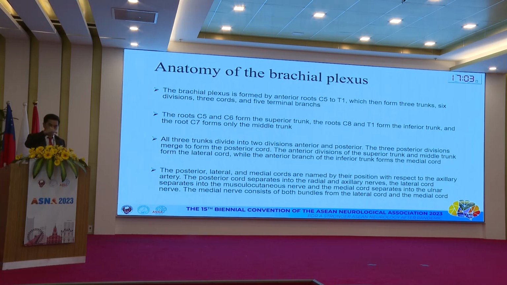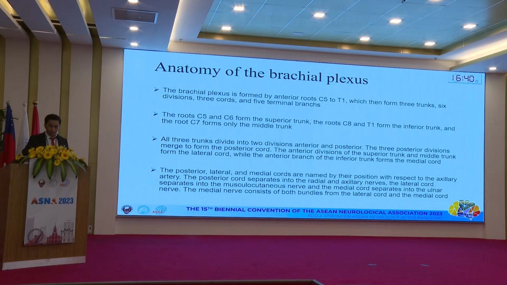So if we are scanning the axillary artery, we can name them easily on the ultrasound image. The posterior cord separates into the radial and axillary nerves. How can I remember? Because the radial and axillary nerves are in the back of the arm, right? So we can easily remember the posterior cord divides into axillary and radial.